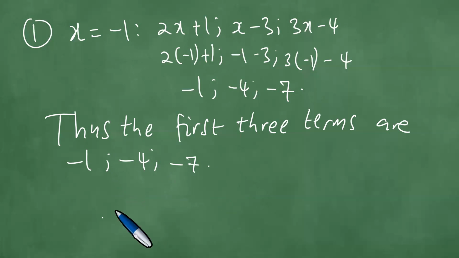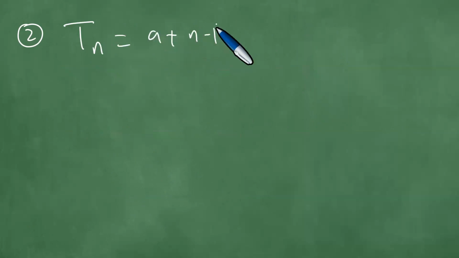The nth term. To find the nth term, we use the formula Tn equals a plus n minus 1 times d. We understand that you are dealing with the a, which is the first term.